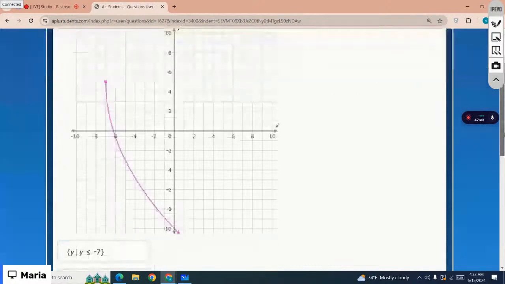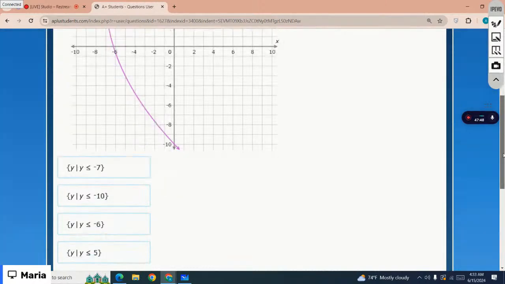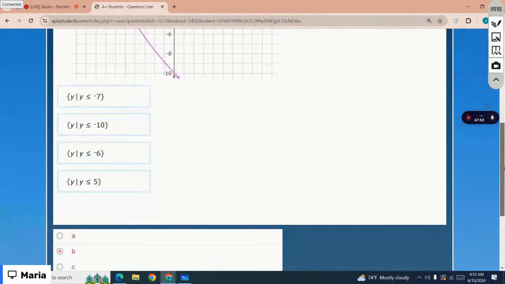So range is all the y values. So here are the y values, right? That means y is less than or equal to -1. Option number B is the correct option. Got it?